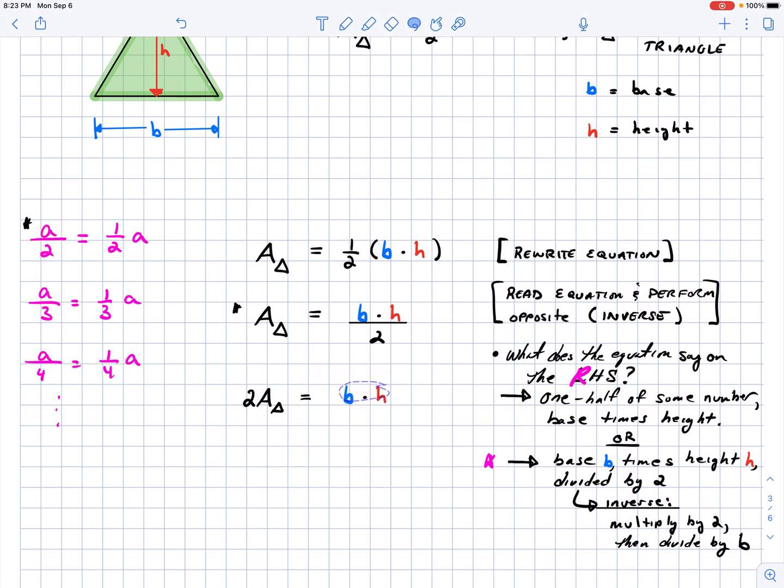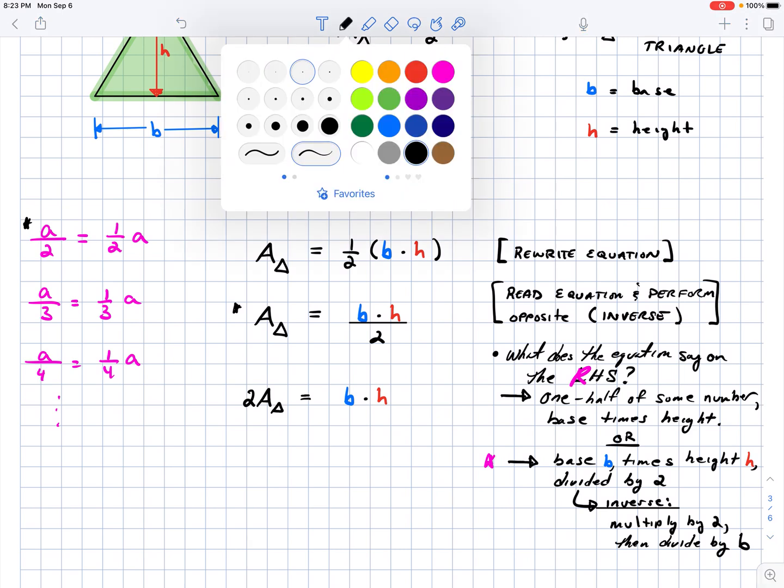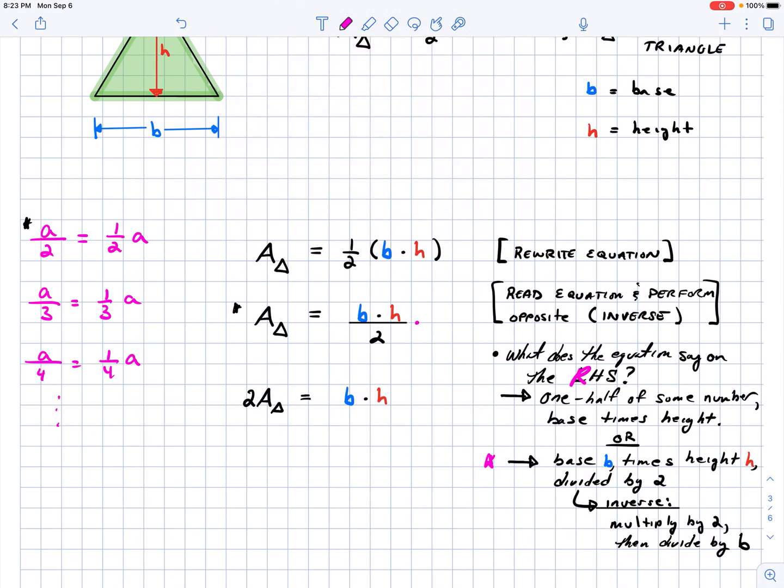So what did we do to both sides? We multiplied them by 2. In essence, to show you that step quickly, we multiplied both sides by 2, and that crossed this out, or created the factor of 1.